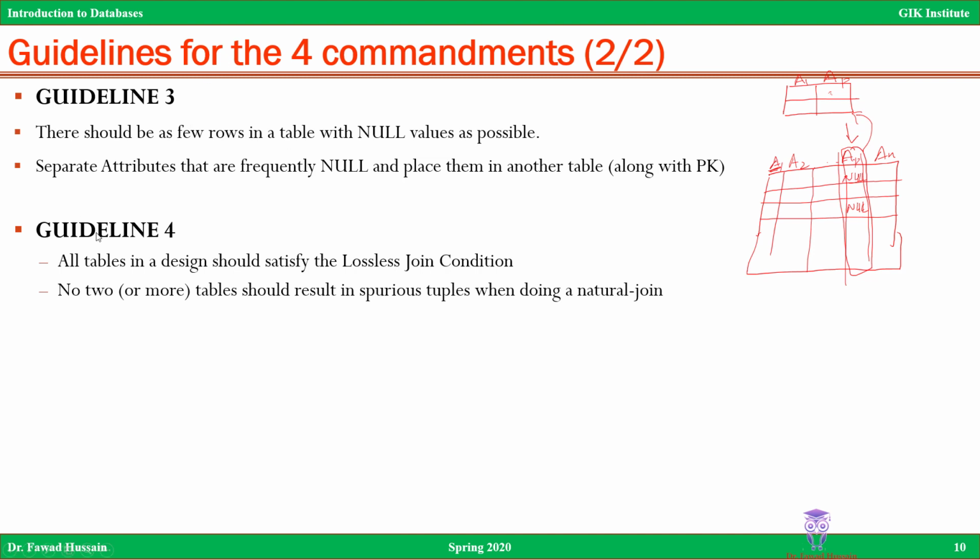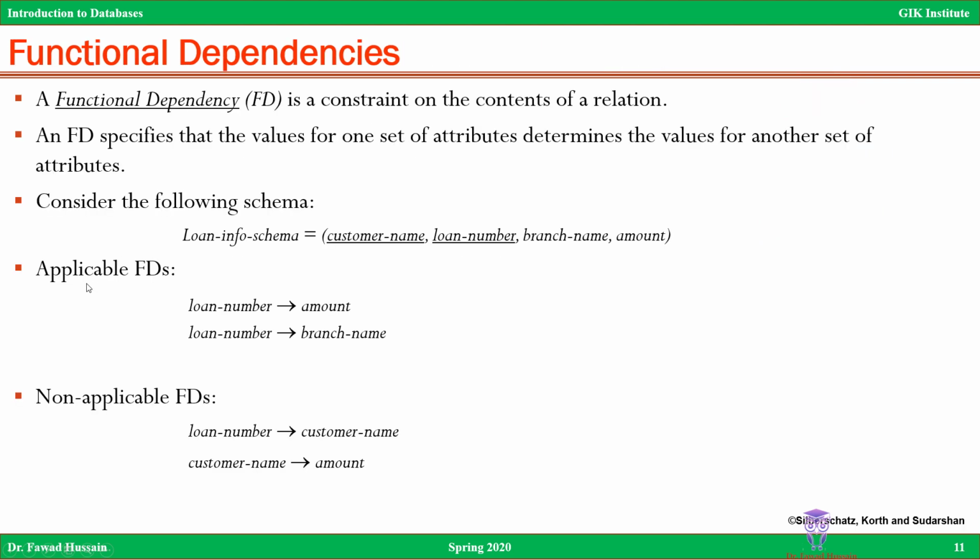If we keep these four guidelines, hopefully we are going to minimize the three anomalies that we have: the insert, update, and delete anomalies. We are going to eliminate the spurious tuples and several other problems that we encounter with logical design. Another thing we need to talk about, which is again going to be used for normalization.